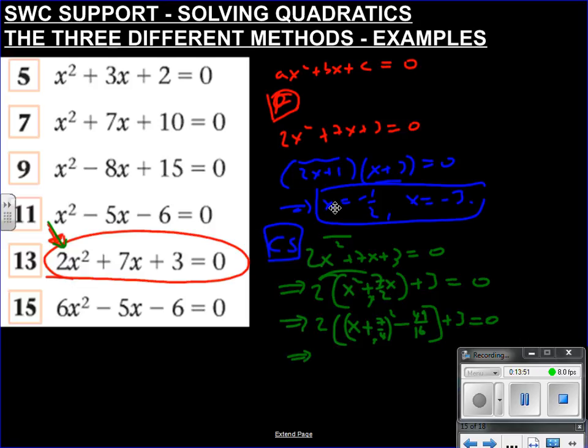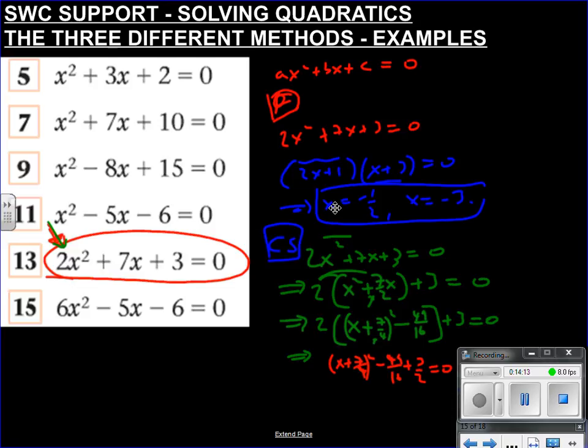And now you can go as normal. Because it all equals 0, you could divide by 2 if you want. So if you divide by 2, you get x plus 7 over 4 all squared, minus 49 over 16 plus 3 over 2 equals 0.